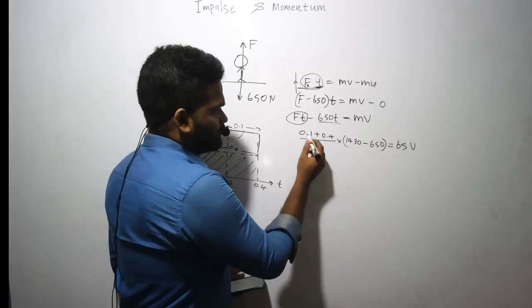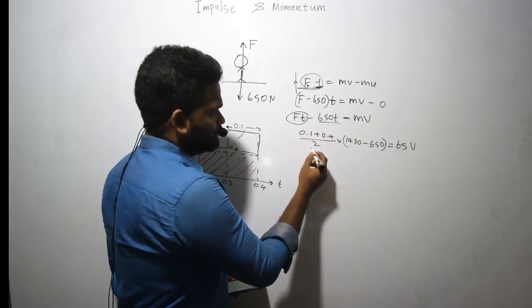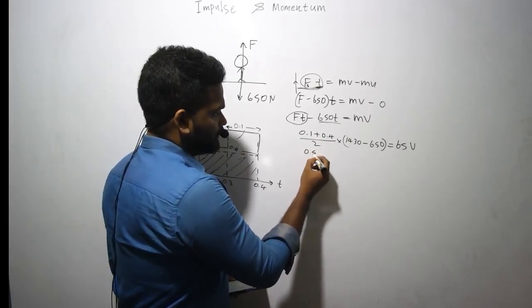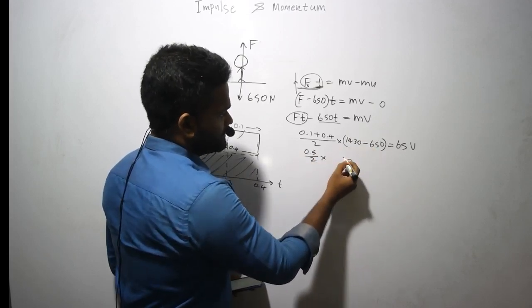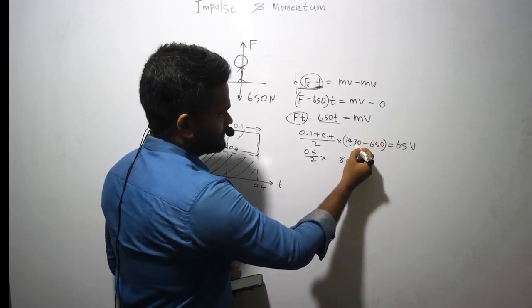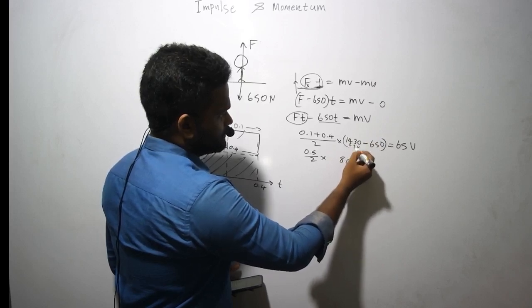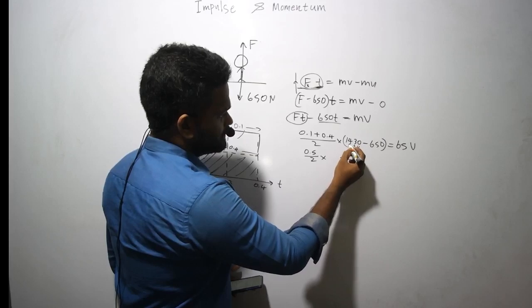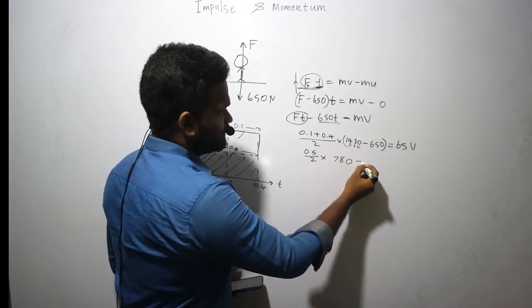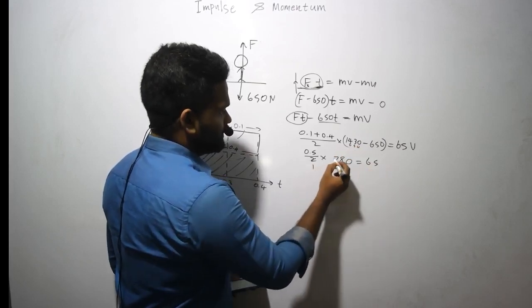Right. So you have, so this is 0.5. 0.5 divided by 2 times. So what do you get here? 13 minus 6, that is 7, right? 780. Okay, I'll just divide this.